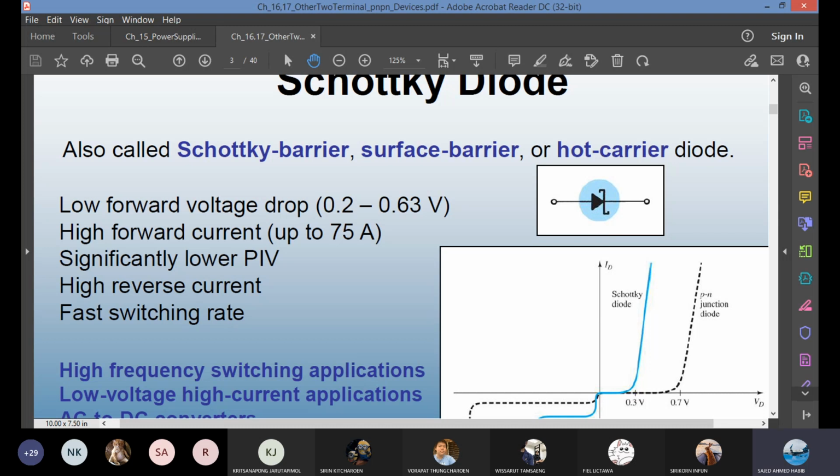But in recent years, the Schottky diode appears in more and more different applications. For example, low voltage, high current power supplies and AC to DC converters. Other areas may be radar systems.